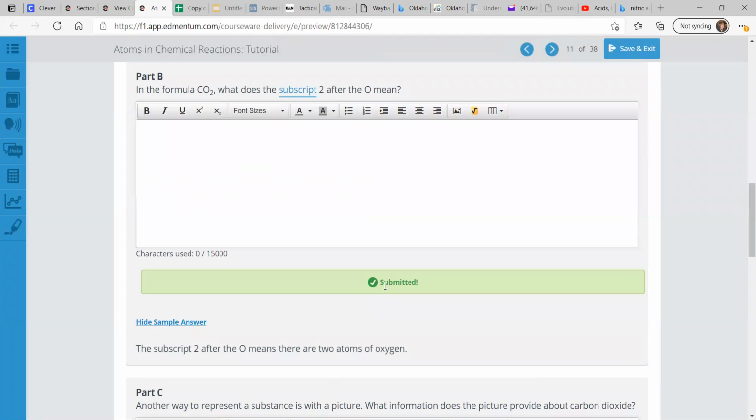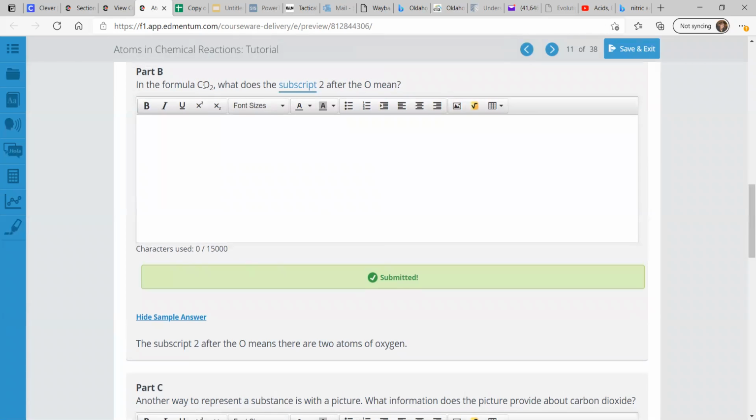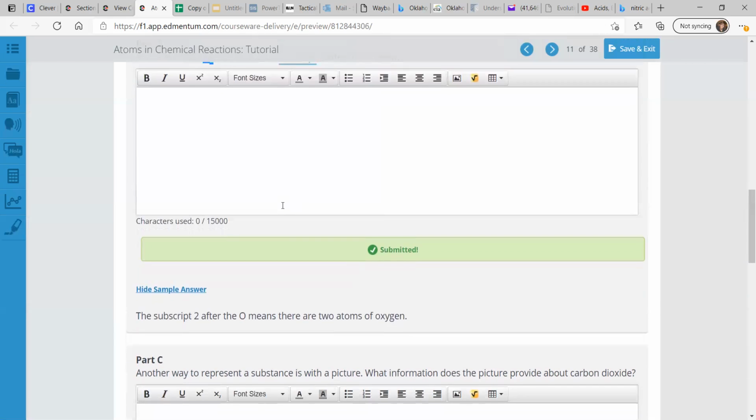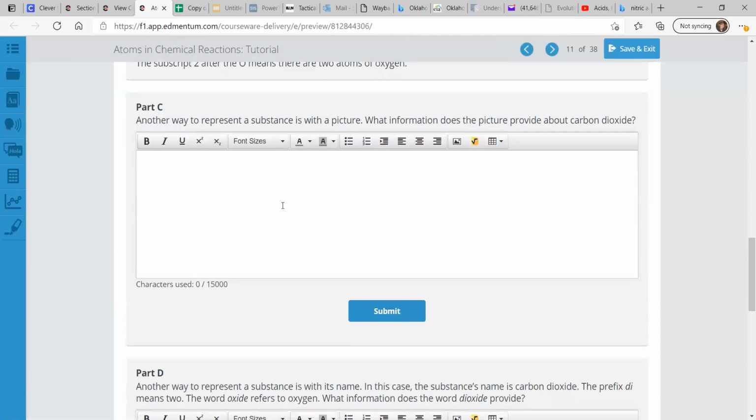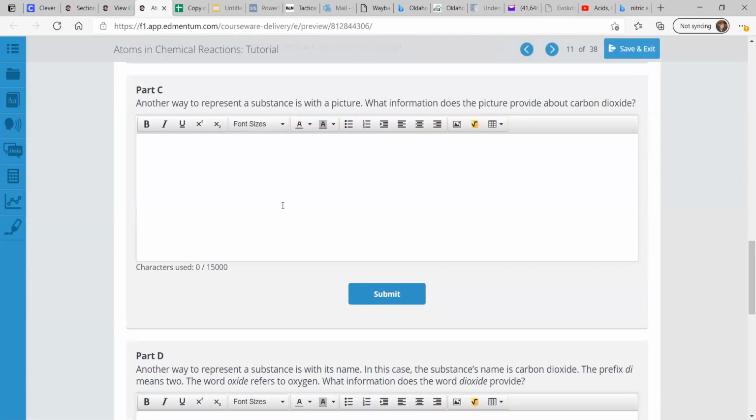So in CO2, why does the O have a little 2 after it? Well, that subscript means there are 2 atoms of oxygen. So you have 1 atom of carbon and 2 atoms of oxygen. And another way to represent a substance is with a picture.